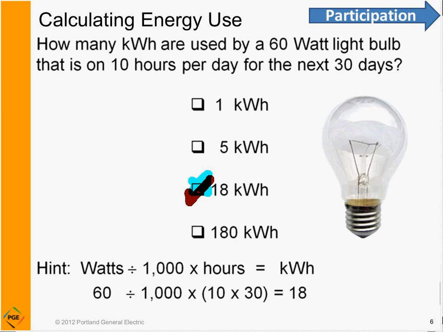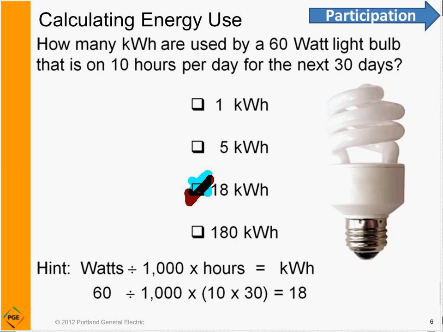Let's swap that light bulb and change it to a compact fluorescent. Let's say that for the same amount of light, it only takes an 18-watt compact fluorescent bulb. And now I want you to redo your calculation. How many kilowatt hours a month does this bulb use?